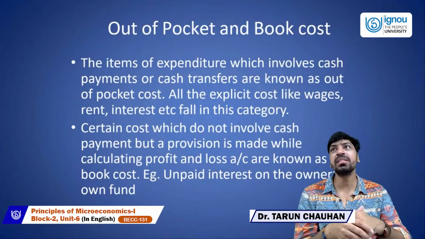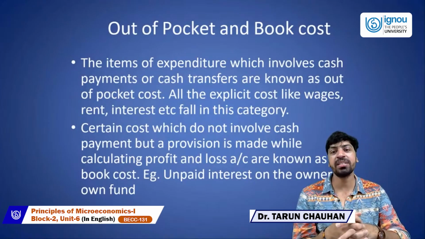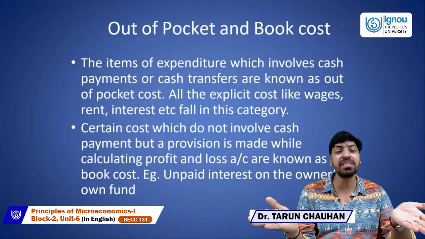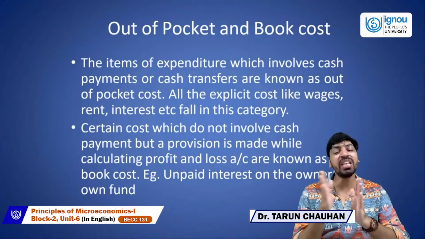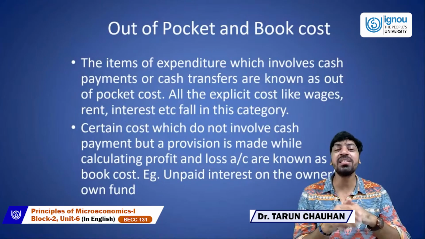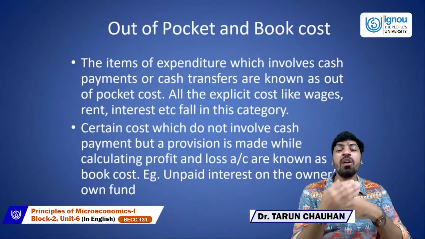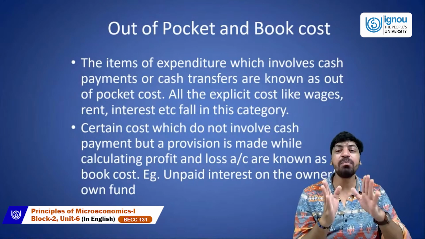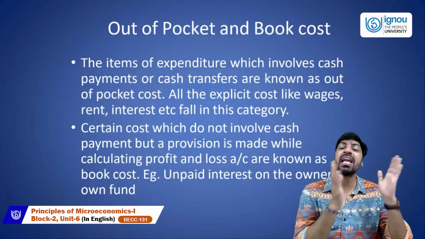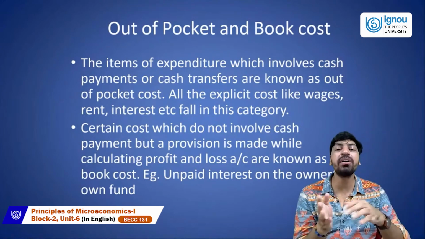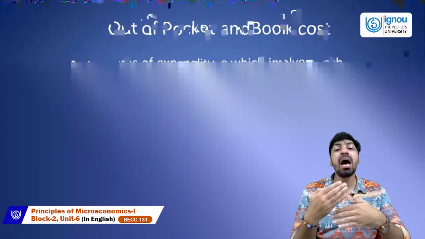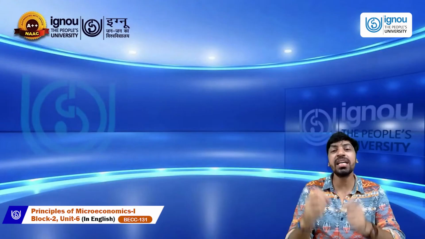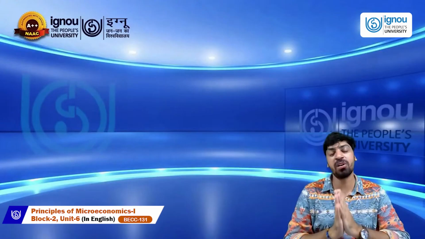Such expenses include wages, rent, and interest. Book cost involves provisions for different assets, provisions for machinery or any other asset, which need to be calculated in the profit and loss account. That's called the book cost. Whether it be any unpaid interest on owner's funds or any unpaid loan amount where provision and interest are to be charged, such costs are called book cost.